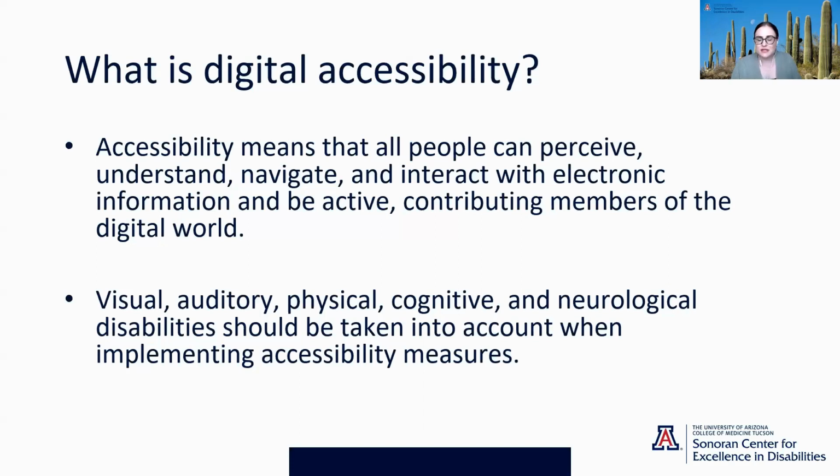Now, digital accessibility is the inclusive practice of removing barriers that prevent interaction with or access to websites, digital tools and technologies, and other resources by people with disabilities. It means that all people can perceive, understand, navigate, and interact with electronic information and be active and contributing members of the digital world. Most people are familiar with accessibility features in physical spaces, like a public restroom that can accommodate people who use wheelchairs, for instance, or a crosswalk signal that produces both visual cues and sounds. But the same types of principles can be applied to digital content to ensure that all users have equal access to information and services.